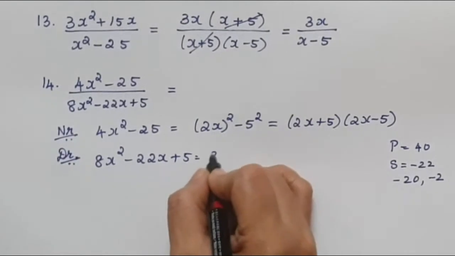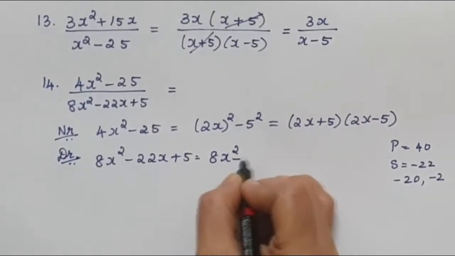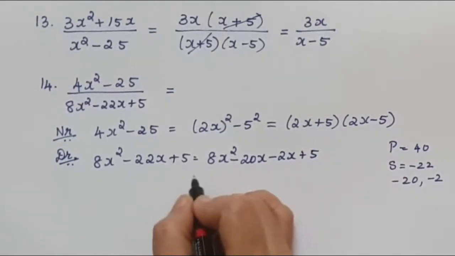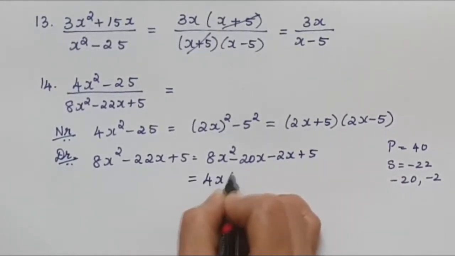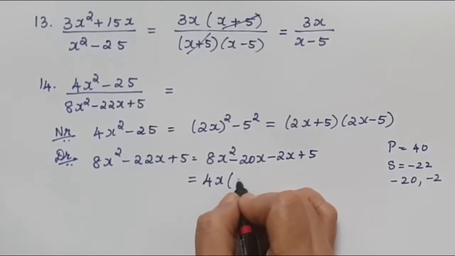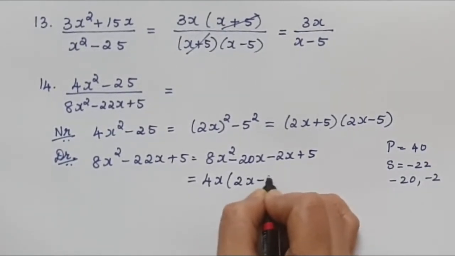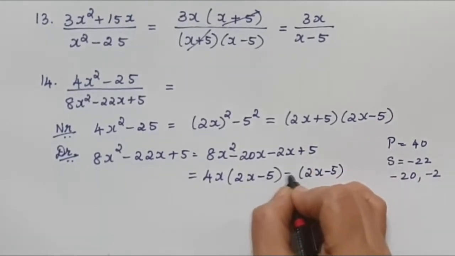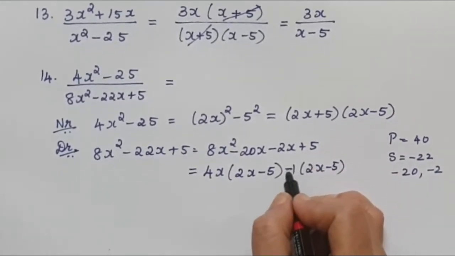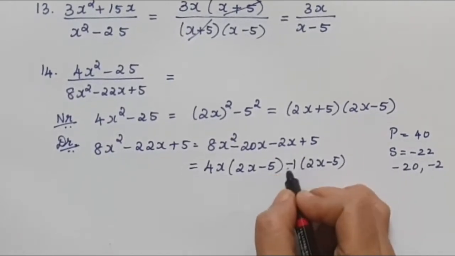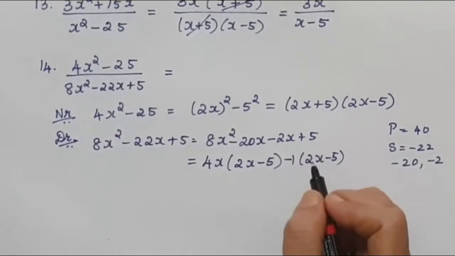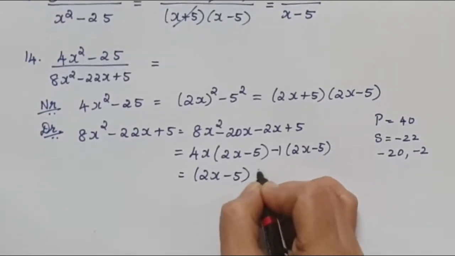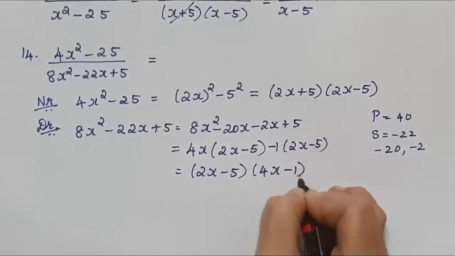So we can split the middle term and write 8x square minus 20x minus 2x plus 5. In these two, 4x is common. So it will be (2x minus 5). So here also it is (2x minus 5). Now when we compare, we need to multiply by minus 1. So minus 1 into 2x is minus 2x. Minus 1 into minus 5 is plus 5. So it will be equal to (2x minus 5) into (4x minus 1).